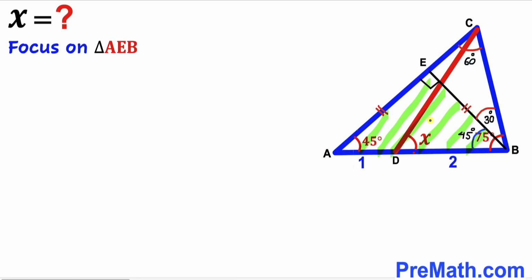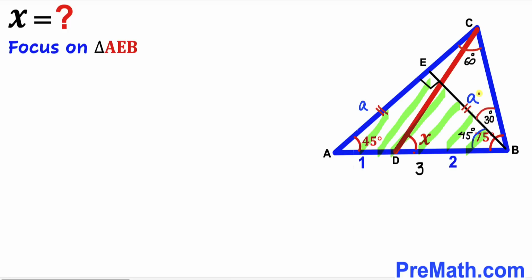Now let's focus once again on this right triangle AEB. We can see this whole side length AB is going to be 1 plus 2, which makes it 3 units. Moreover, we know that this side AE is equal to this side BE. I'm going to label this side as lowercase a, then this side is going to be lowercase a as well.